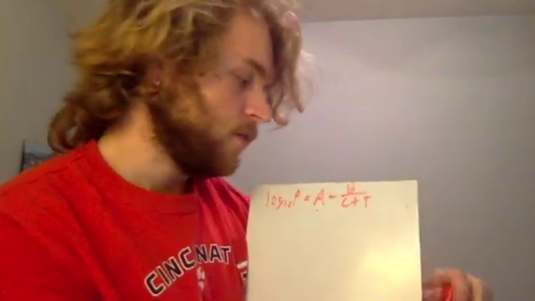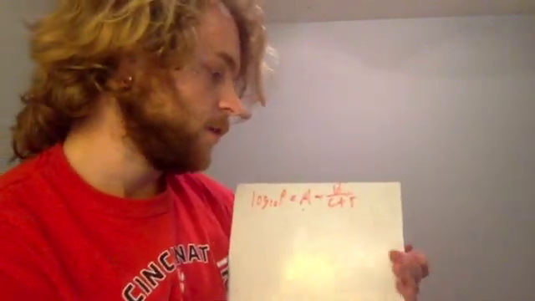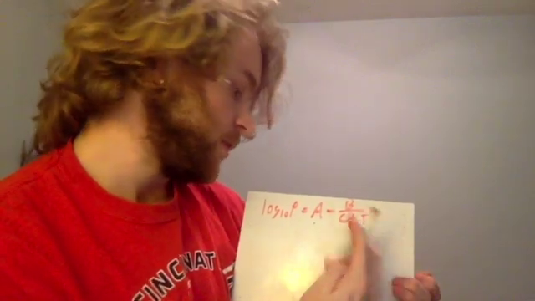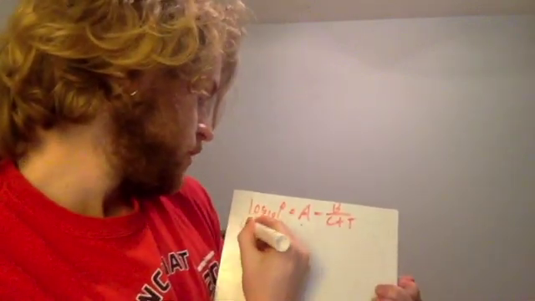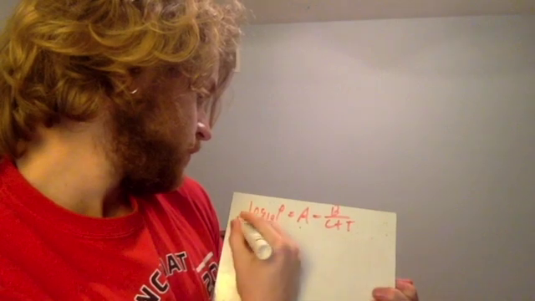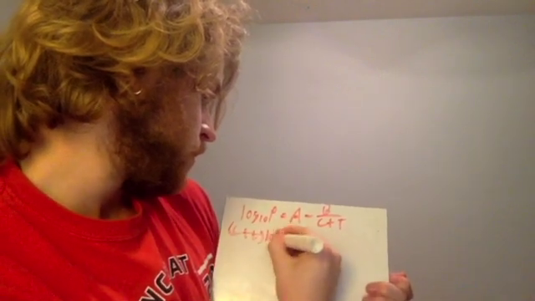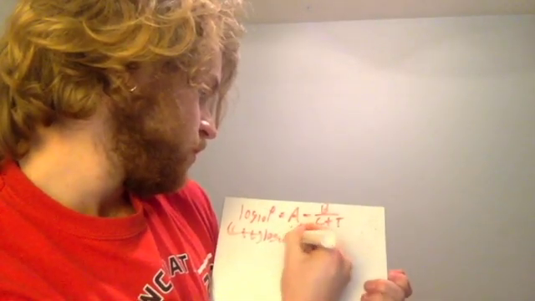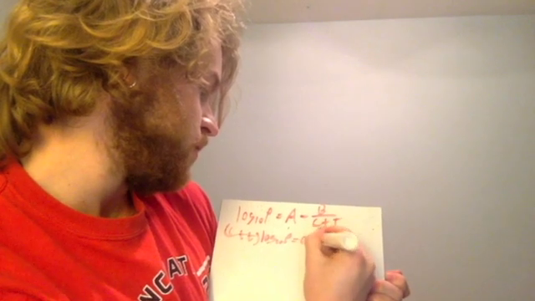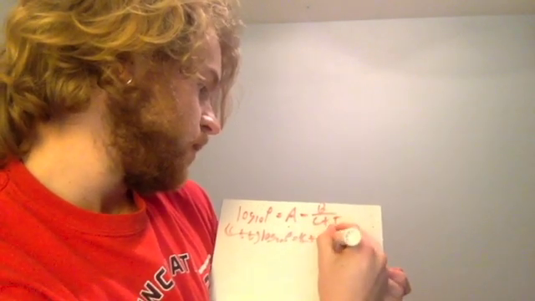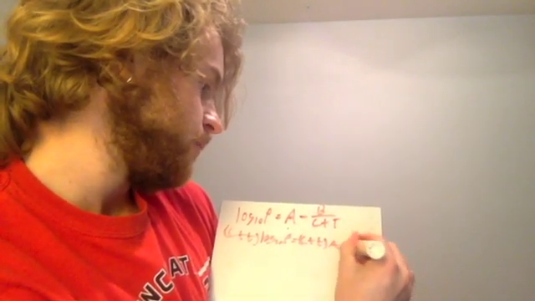So the first step in this is we're going to multiply everything by C plus T. So we get C plus T times the log 10 of pressure is equal to C plus T times A minus B.